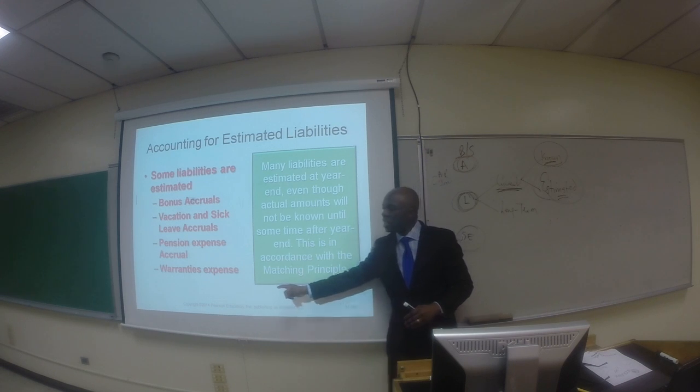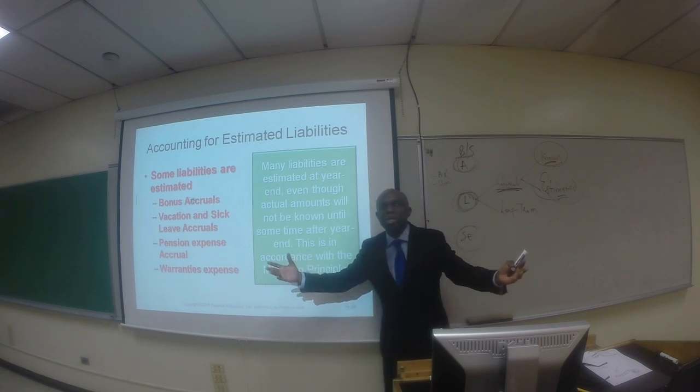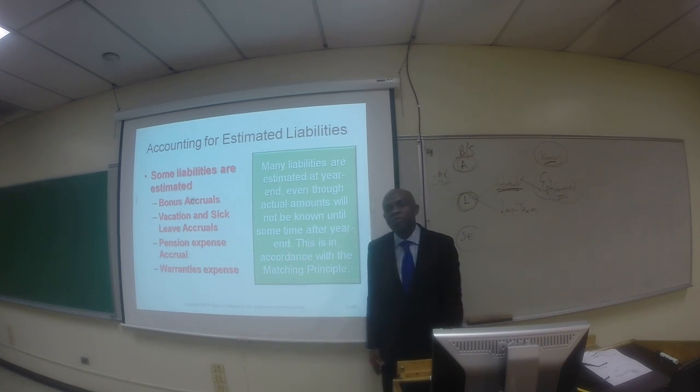So let's look at the last one. Assume you are a manufacturer of televisions, and you manufacture 1,000 televisions this particular year, and you have a warranty on them, meaning the TVs are supposed to work for at least 1 year. So at the end of the year, you really don't know how many of those TVs are going to be returned.